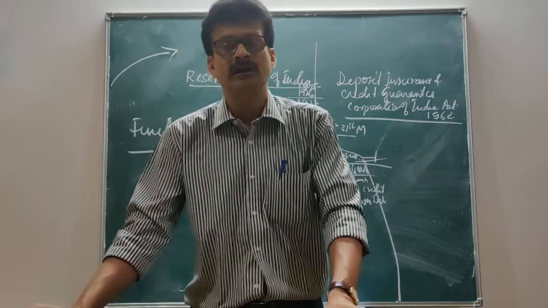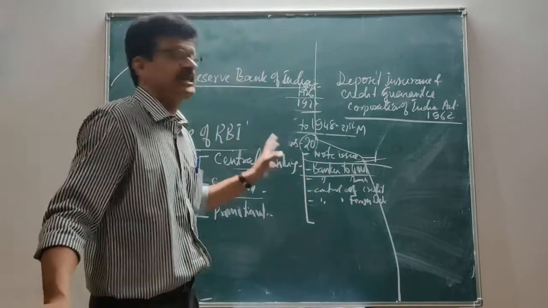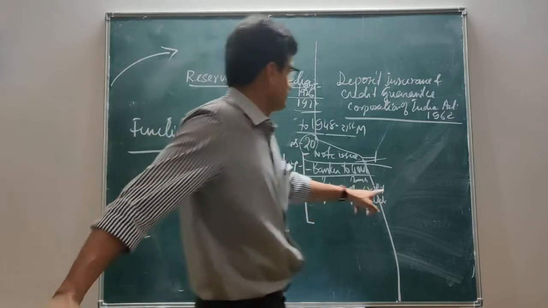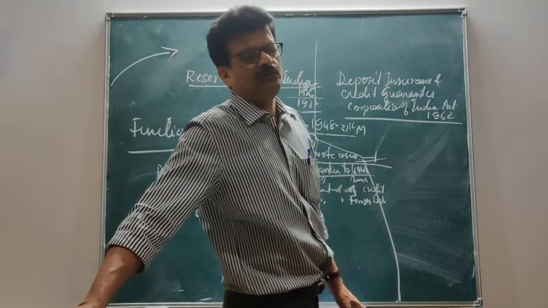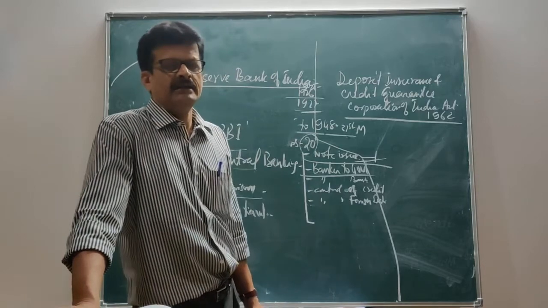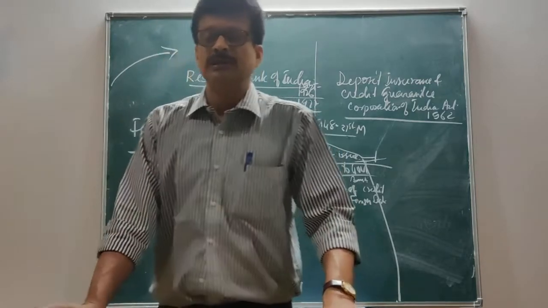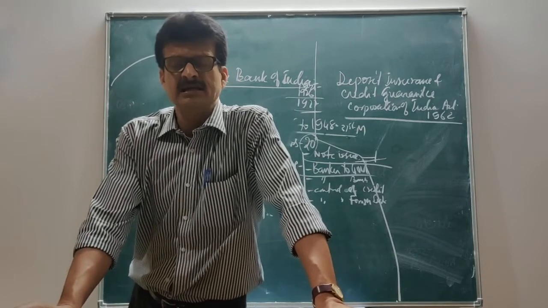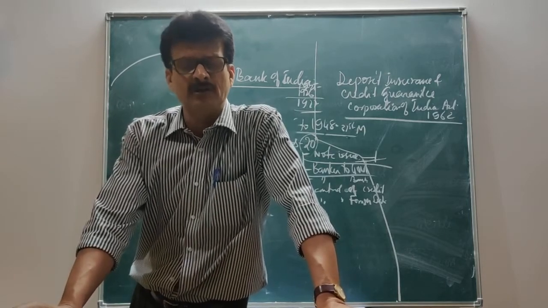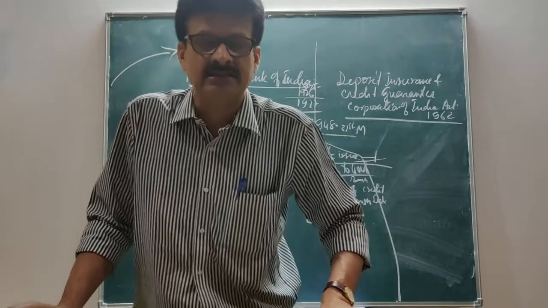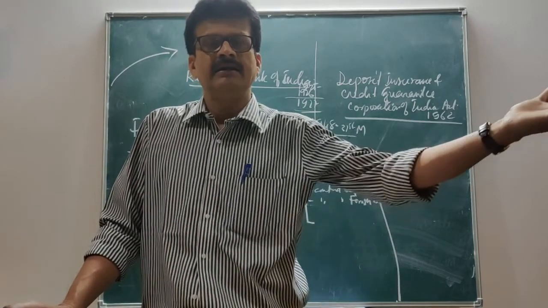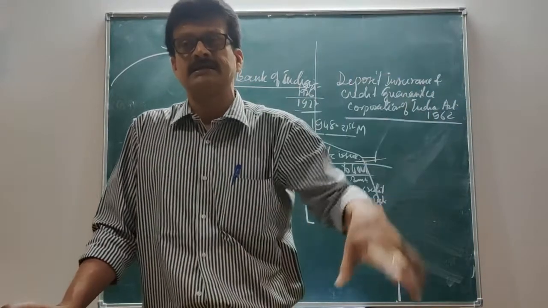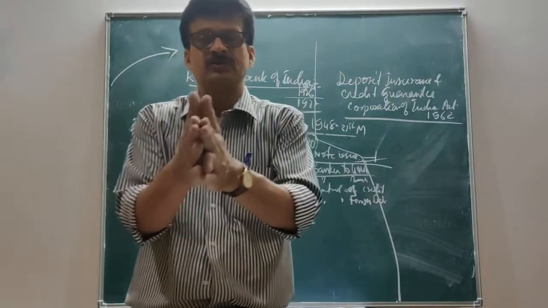Then variable cash reserve ratio, as I said, CRR. As a controller of credit, RBI exercises control over the power of the banks to lend credit, loans and advances. In what way?